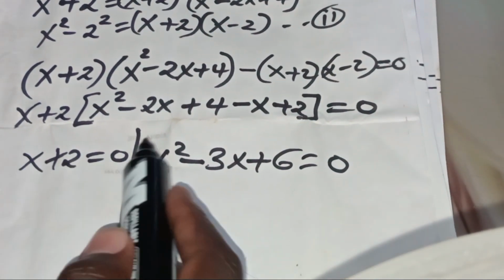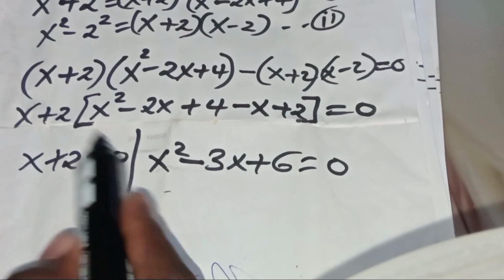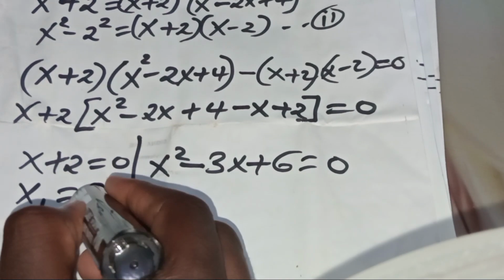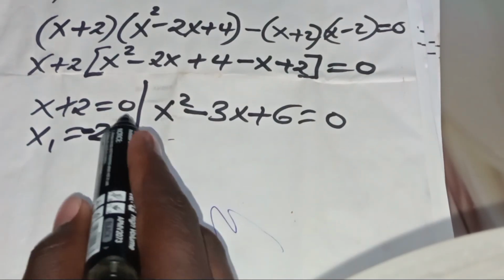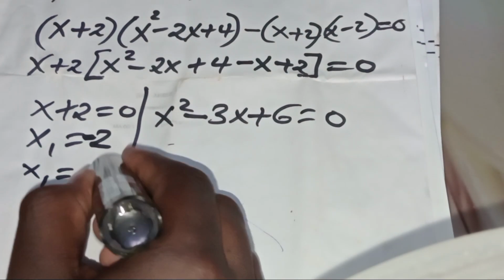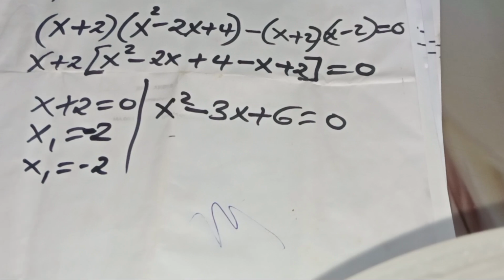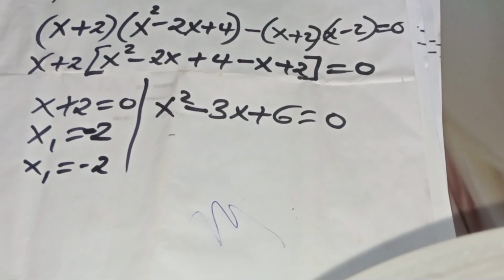Now this is a quadratic equation, okay? And the first part, x plus 2 is equal to 0, so that means that x1 is equal to negative 2. So this is the first value of x. So let's get the corresponding values of x.